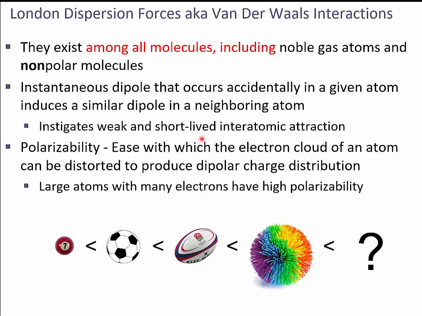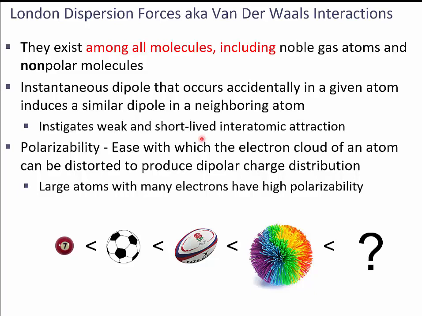So we have this term called polarizability that is going to describe the strength of those van der Waals or London dispersion forces. It's the ease with which the electron cloud of an atom can be distorted to produce that dipole charge distribution. Some molecules are small and hard and dense. It's really hard to move their electrons around. Some molecules are big, fluffy molecules, and it's easy to push their electrons around.